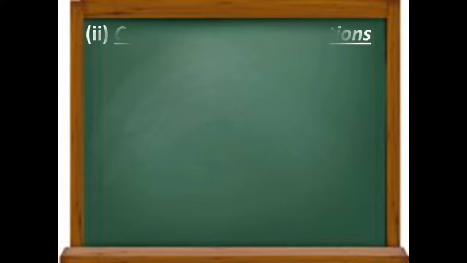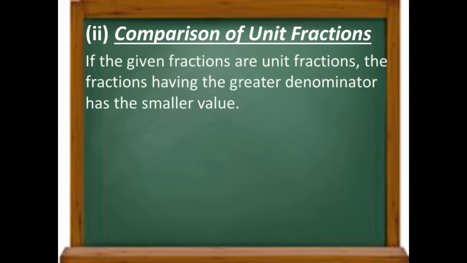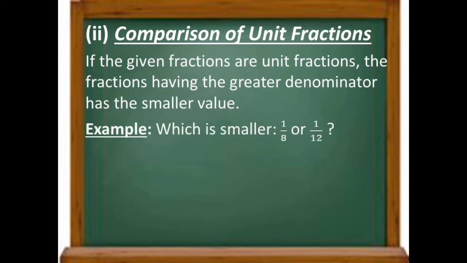Now students, next is comparison of unit fractions, and it says that if the given fractions are unit fractions, the fraction having the greater denominator has the smaller value. Here I have taken one example, which is smaller, 1 by 8 or 1 by 12.